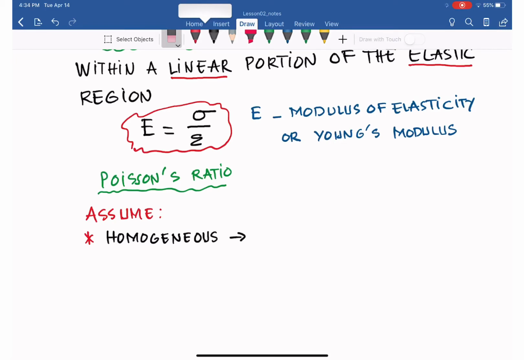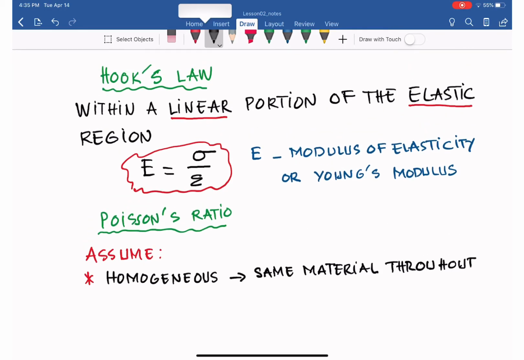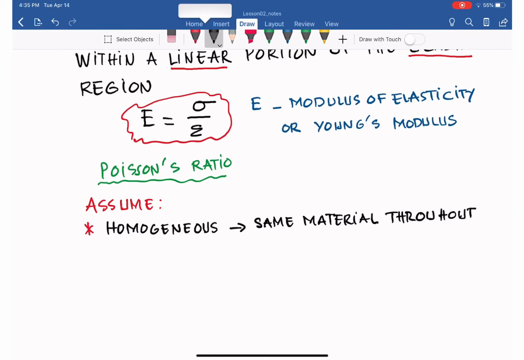It means the same material throughout. You may say that it applies to any body, but that may not be true. For example, a composite body may have different types of material, but here we first need to have the same material, steel, rubber, etc.